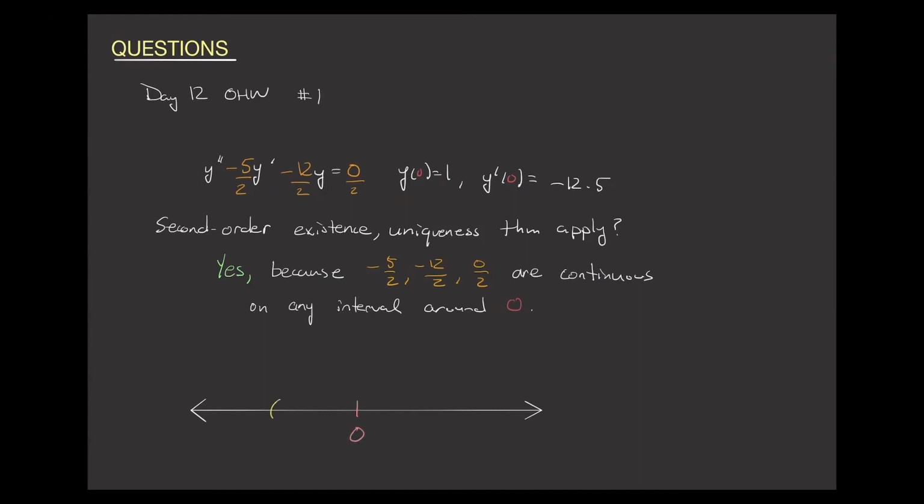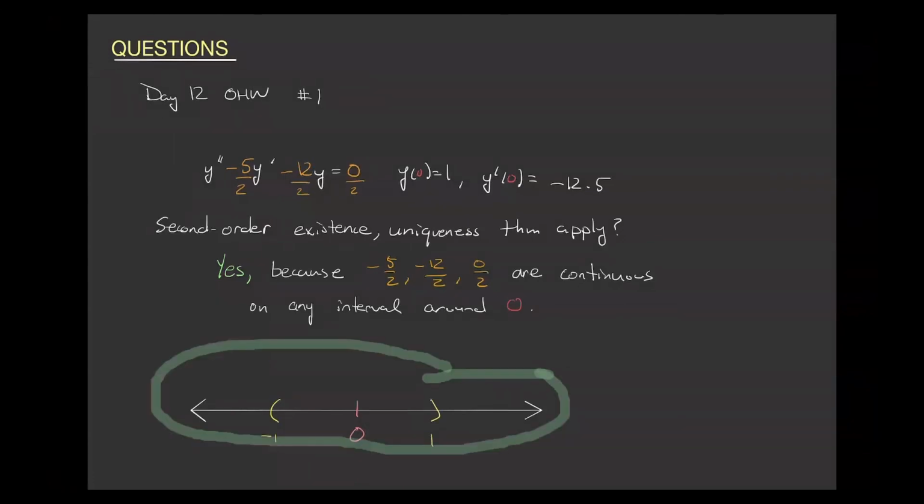Pick your favorite interval, maybe negative 1 to 1 is plenty. And you look at each of those functions, they're all constants. So they'll be continuous, just different levels of constant over that. And since they're all continuous, then the theorem would apply.